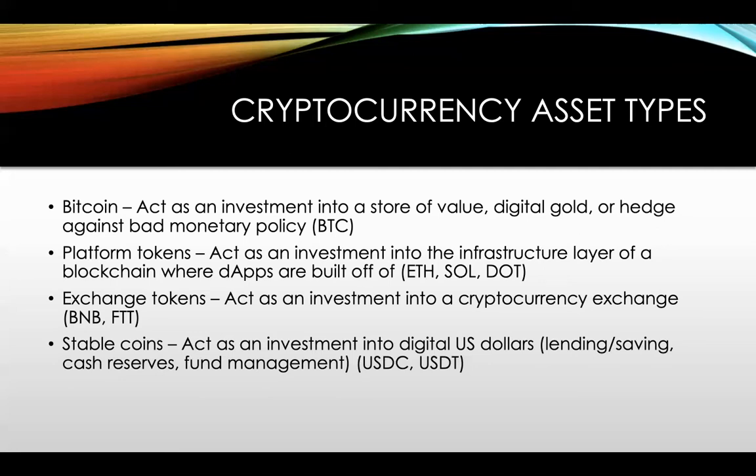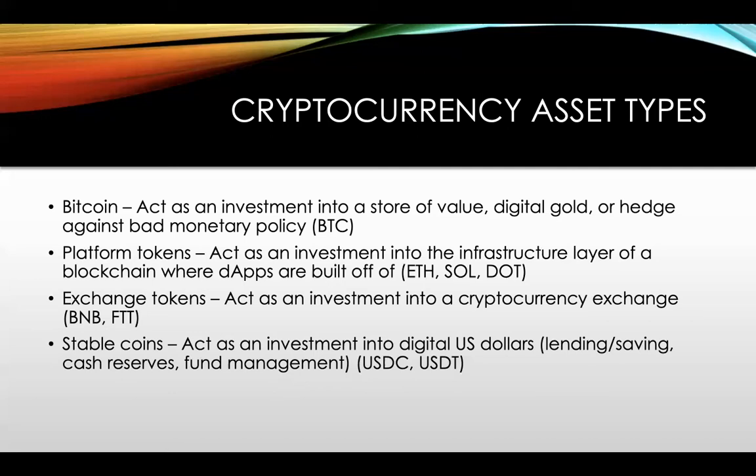Now, what that means is the platform token, the thing you're actually going to invest in, is not the blockchain, but something like ETH. That's the native cryptocurrency for the Ethereum blockchain. And the way that it's used on the blockchain is people that have applications on the blockchain have to use Ethereum to transact. To use their application, you have to transact with Ethereum.